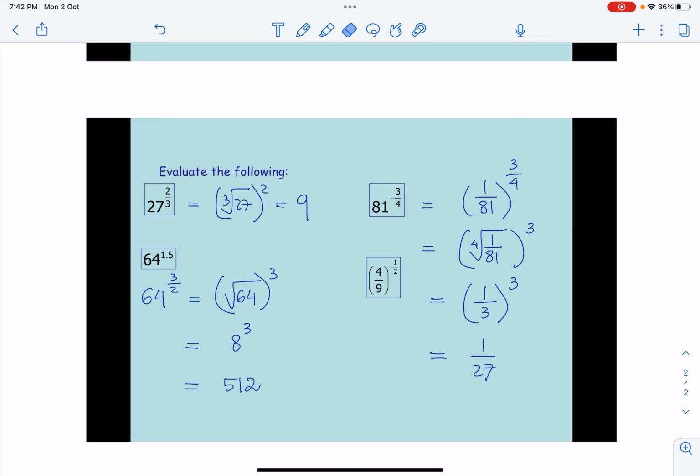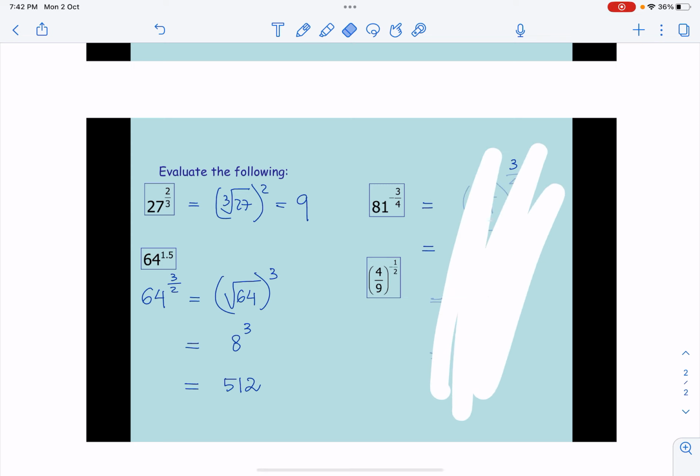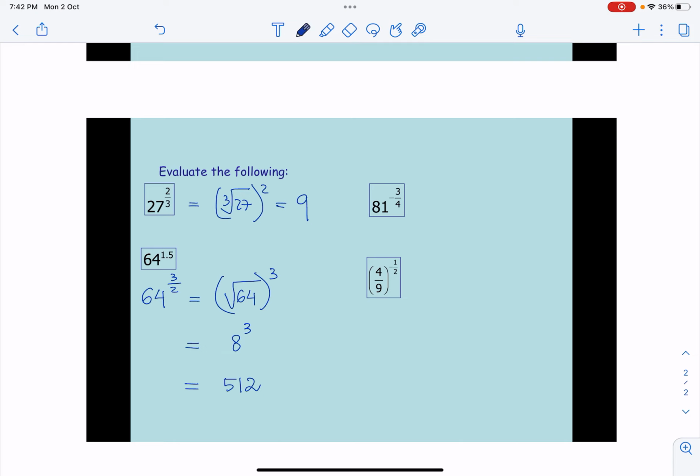I'm going to remove everything and just write down the answer, which is 1/27. Okay, so you notice that it doesn't become negative. So be careful, negative indices don't make the answer a negative value, but actually it turns the base into its reciprocal.